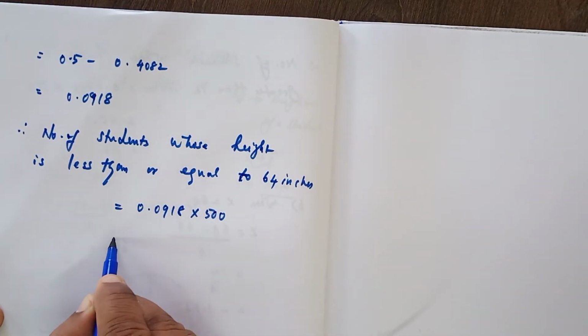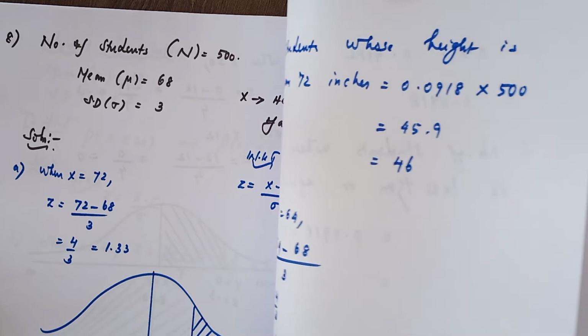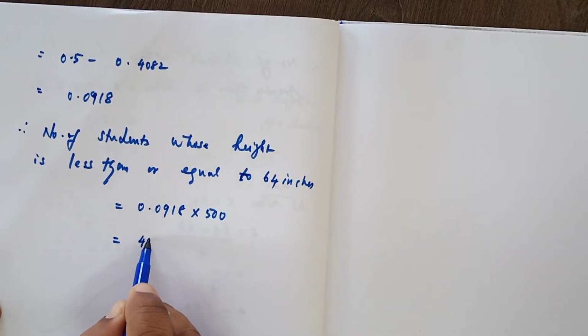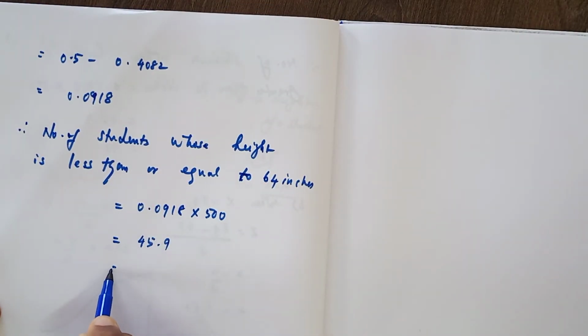If you multiply, very similar to the first subdivision, that is 45.9. Same answer, it can be rounded off. So 45 plus 1, that is 46.